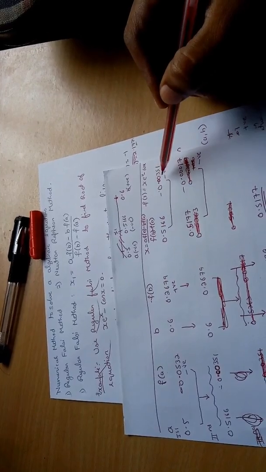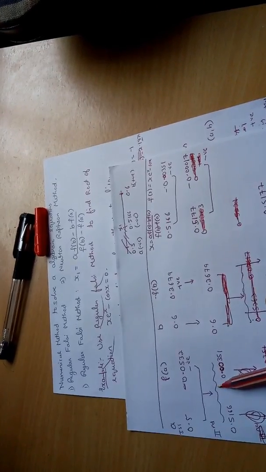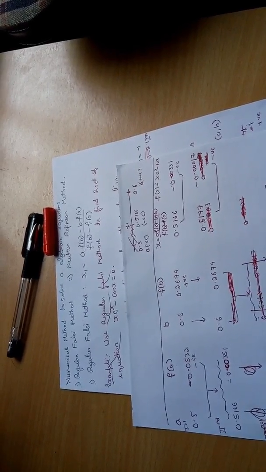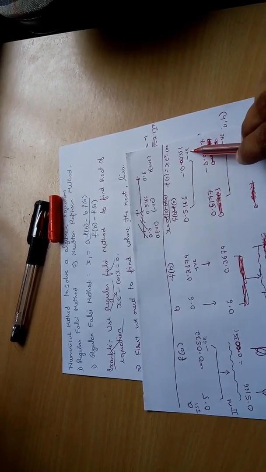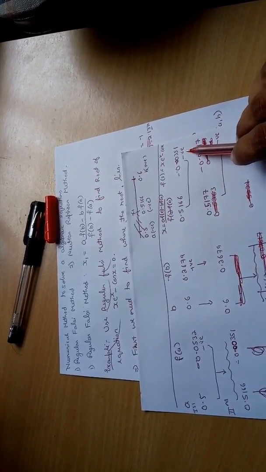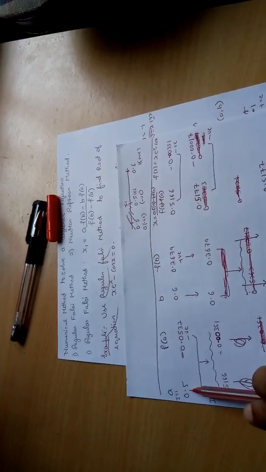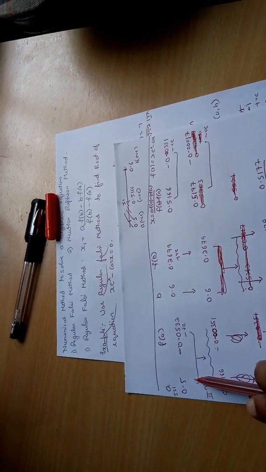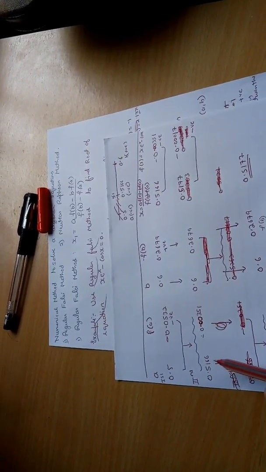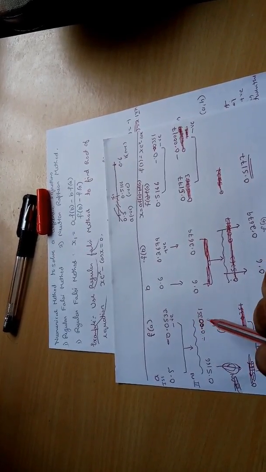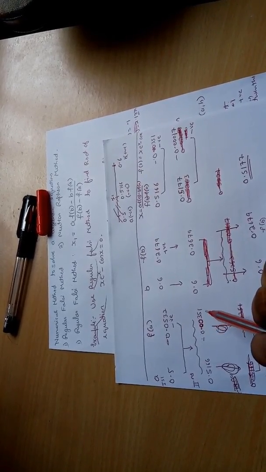So now here I got negative minus 0.00351, so I have to replace which one? A. So you can observe here, for the second iteration, in the place of 0.5 I am replacing it with 0.5166, and its function value is minus 0.00351. That's why I put an arrow mark and overlined it. And the B value and f of B value I am keeping as they are, 0.6 and 0.2679.